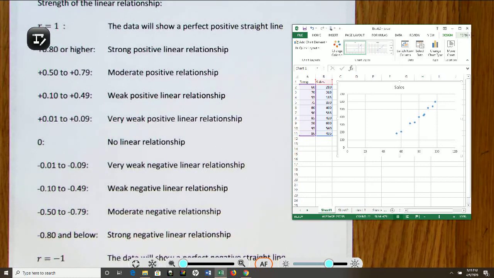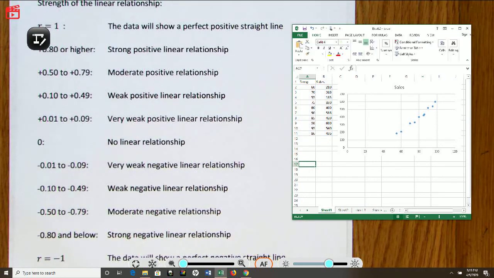To calculate our correlation coefficient, I'm going to grab an empty cell, and in the cell next to it I will type in the words correlation coefficient, abbreviated so that we know what we're doing. We've used this little FX key in Excel before, and that's where we're going to get this correlation coefficient.